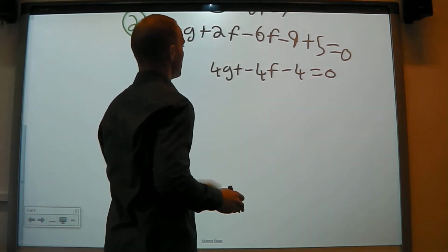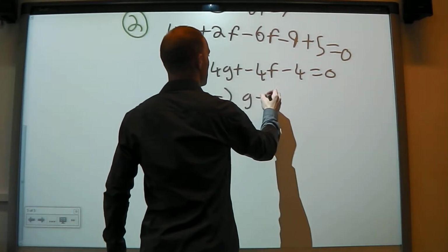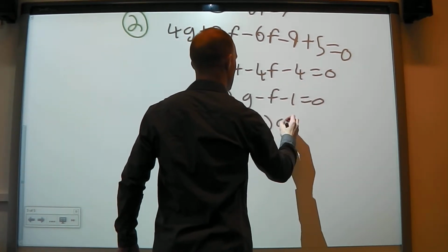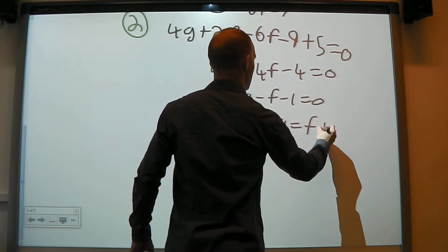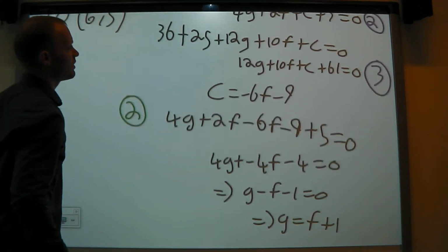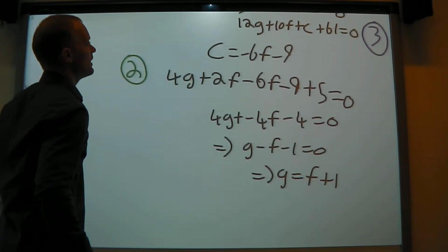Now we'll just divide across by 4, so that implies g minus f minus 1 is equal to 0. That implies g is equal to f plus 1.